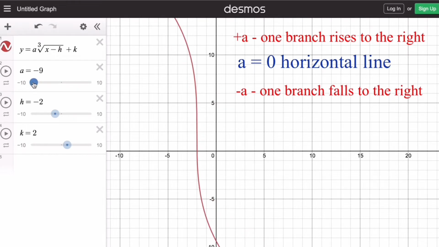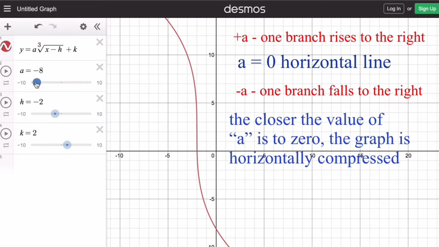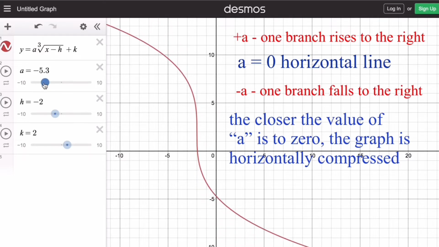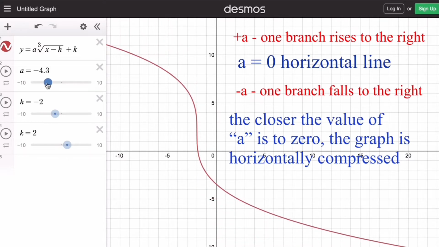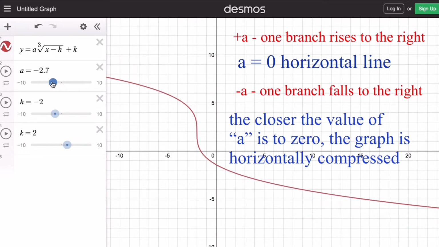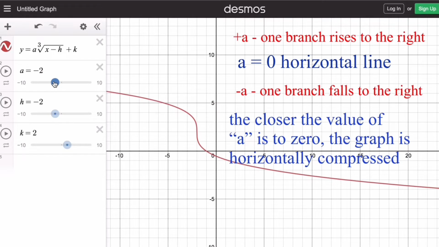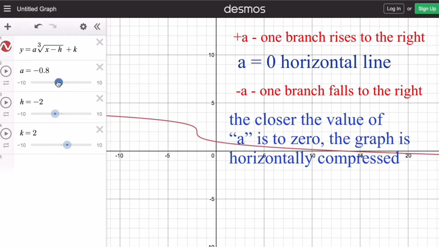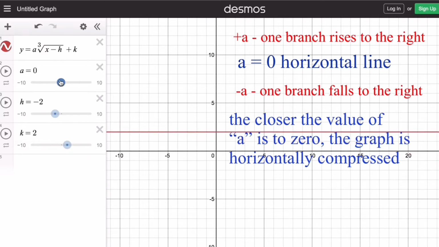The closer the value of a is to 0, as you can see here, we started from negative 10 and are making it closer to 0, moving it all the way down to 0, the more the graph is horizontally compressed. Until a is 0, the graph is totally compressed, forming a horizontal line.